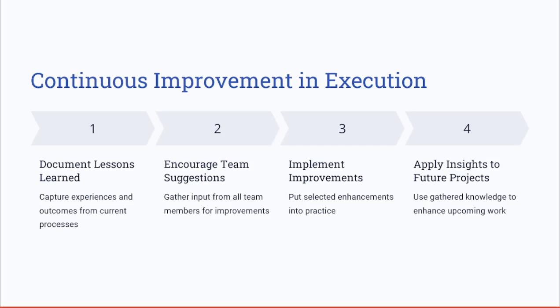Also, you may use the lessons learned from previous projects to be applied to future projects. Ensure that you encourage your team to identify improvement opportunities to improve your current services or products.